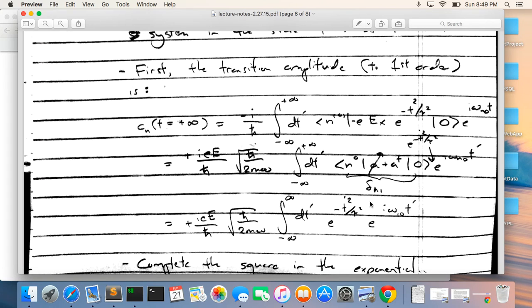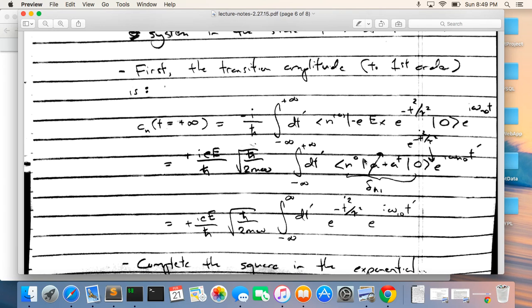Here's the delta function right here, and what that does is set all the n's to 1, so omega sub n0 is now omega sub 1 0. This is the difference between the first excited state and the ground state energies.